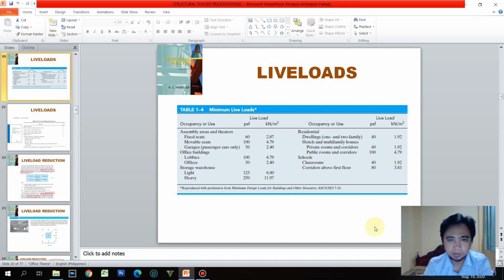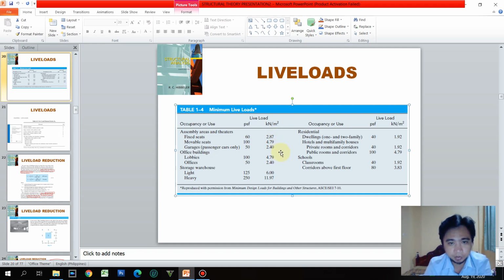In ASCE, there are live loads according to occupancy or use. You can see we have live loads for assembly areas, theaters. If we have fixed seats, we have 2.87, and if we have movable seats, it will be larger than that of fixed seats.